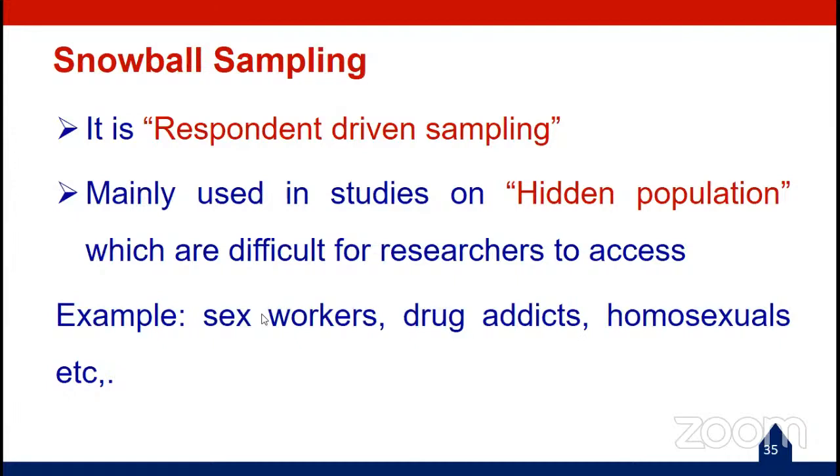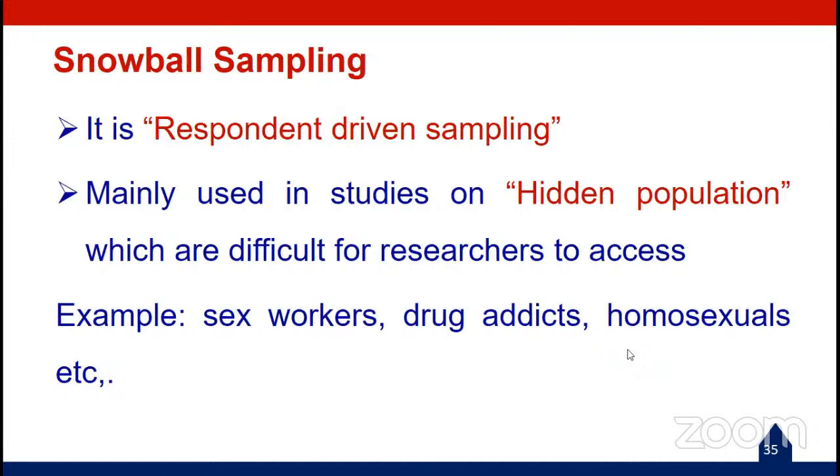Nowadays, definitely LGBT people are coming out in the open, so they are not hidden. But maybe drug addicts, sex workers, and so on. You will not find a well-defined sampling frame.